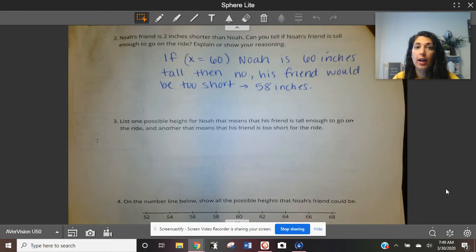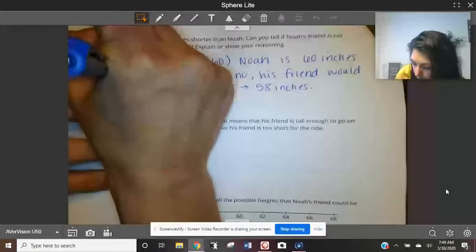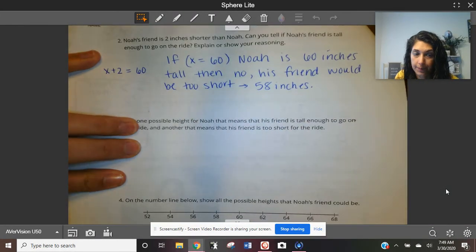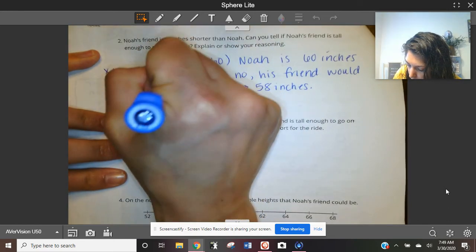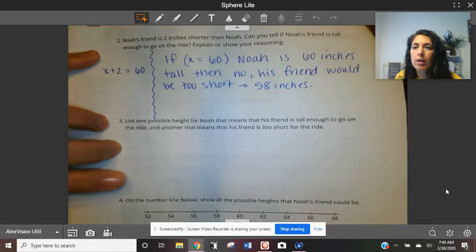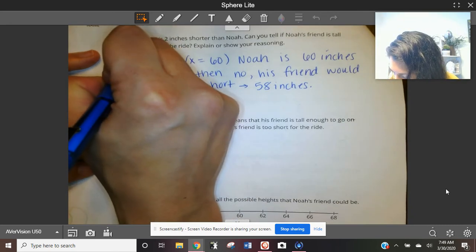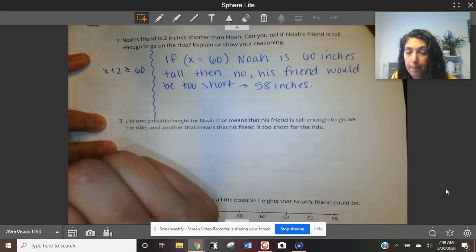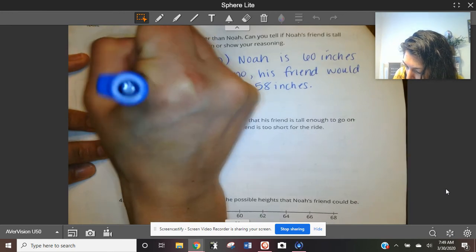So that means if Noah is 2 inches shorter, right, we always need to make sure, so X plus 2 needs to be 60. Okay, so now I know you're saying, oh, we're doing inequalities. That's okay. Okay, so this has to be, or actually, let's change it to this. Okay, so he has to be greater than or equal to, right? So this means that we'll subtract 2, and we'll get to this.